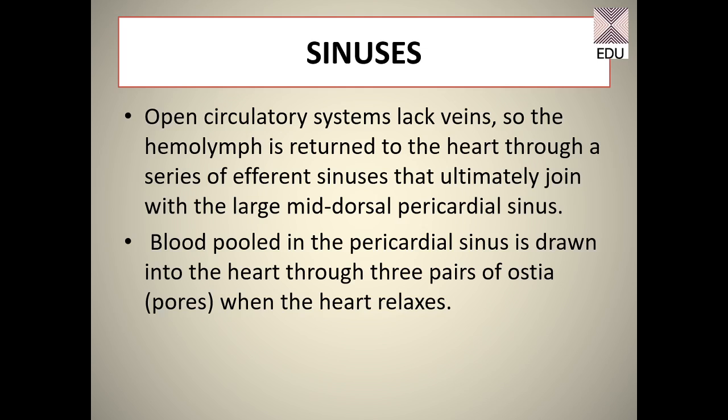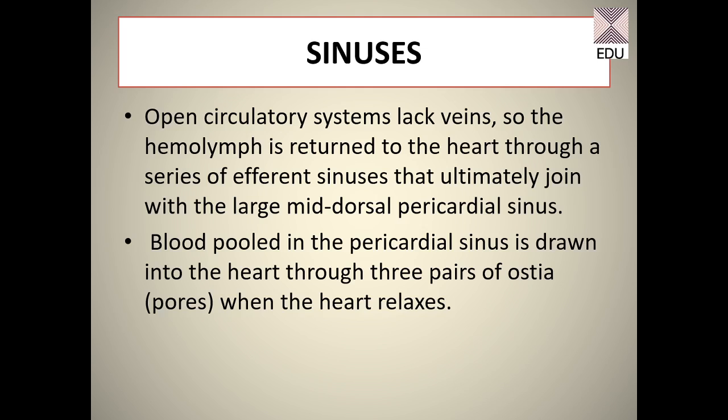So the hemolymph is returned to the heart through a series of efferent sinuses that ultimately join with a large mid-dorsal pericardial sinus. We have very clearly studied this pericardial sinus in the case of the crayfish in the previous slide. From this pericardial sinus, the hemolymph will re-enter the heart through ostia.